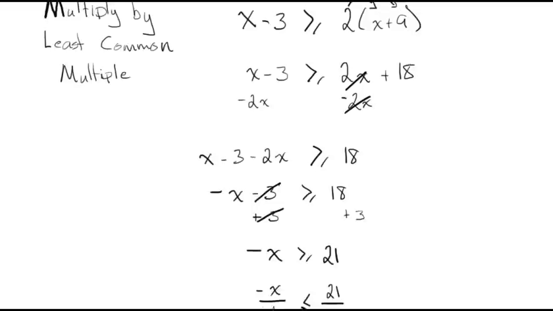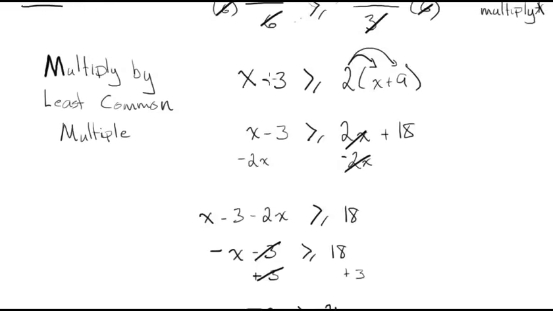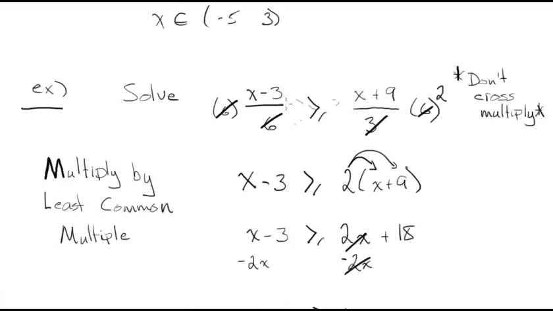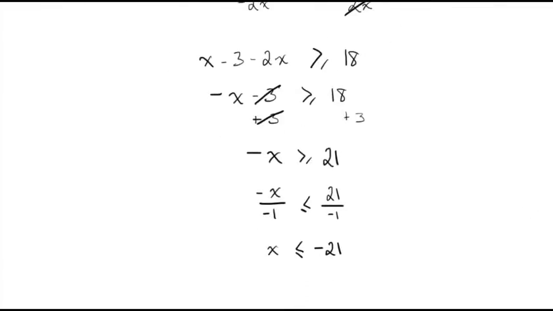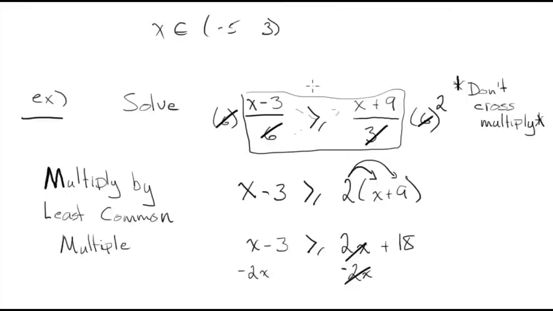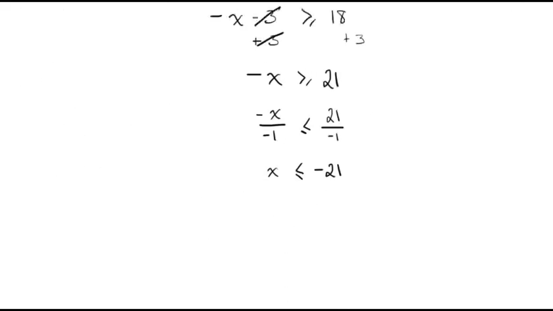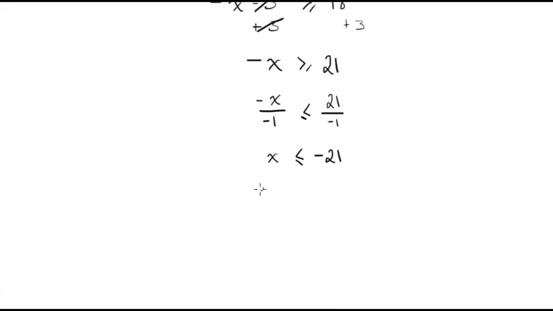So the solution to this original inequality is all numbers less than or equal to negative 21. If I put any number less than or equal to negative 21 into this inequality, that would solve it. Or if you wanted to write it in interval notation, x is an element of the interval from negative infinity to negative 21 with a square bracket, because you can include that.